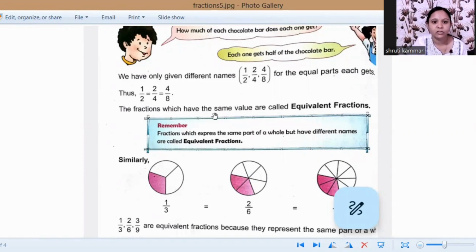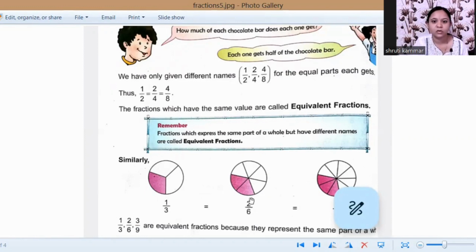The fractions which have the same value are called equivalent fractions. So what are equivalent fractions? Fractions which express the same part of a whole but have different names are called equivalent fractions. These are examples of the equivalent fractions.